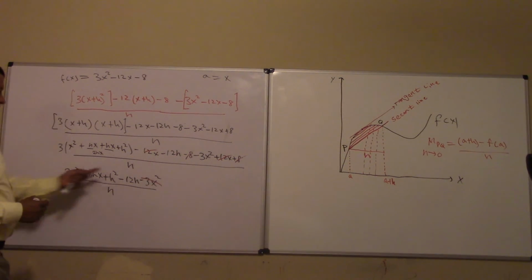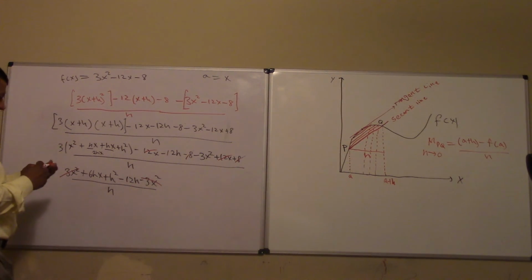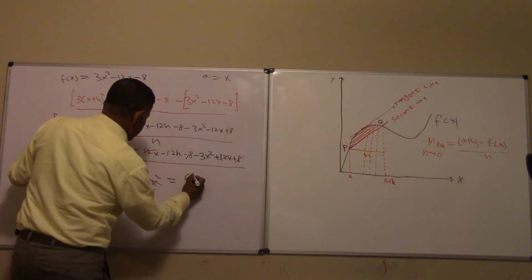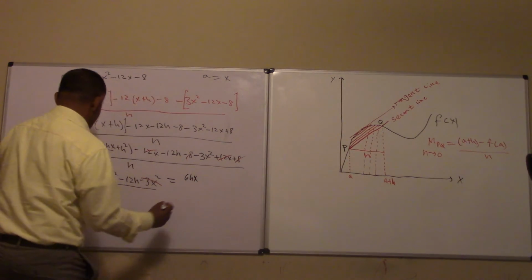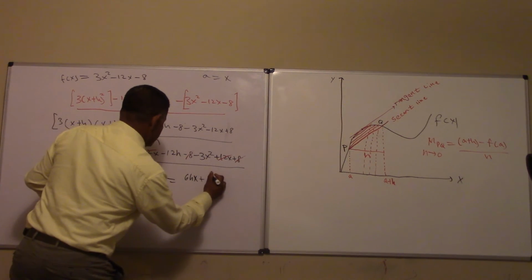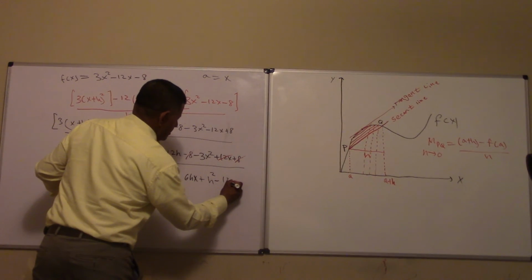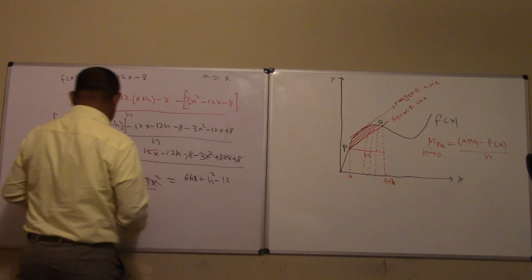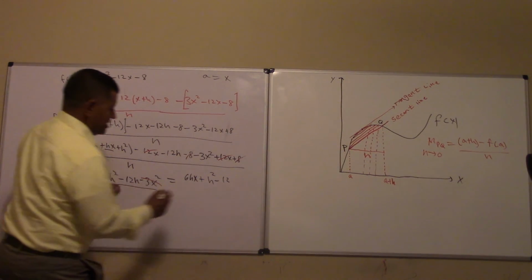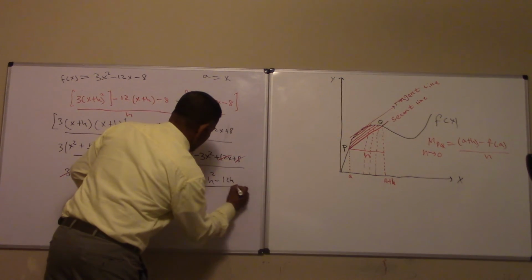I can add those two, and then basically reduce this to 6hx plus h squared minus 12h, over h.